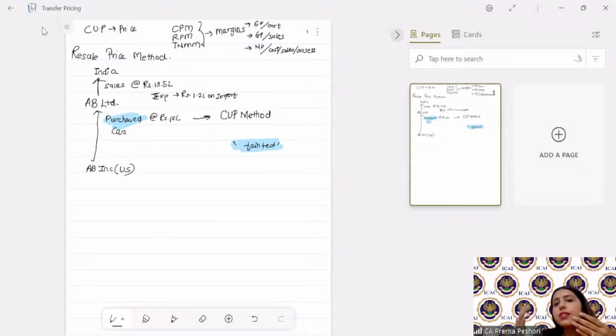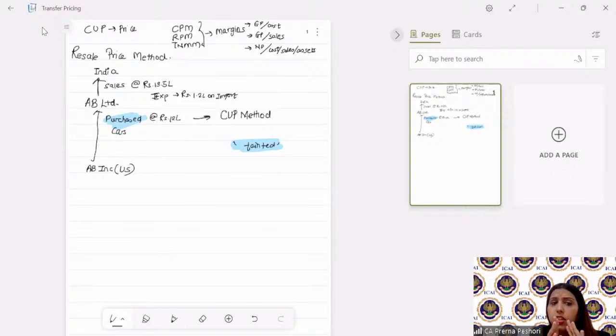Or a similar transaction taken up by external parties, what would have been the price? So we could take up a CUP method also in this case. But if you see here, AB Limited is acting like a reseller. He's purchasing the goods and without adding any value, he is making the sale of those goods onward.